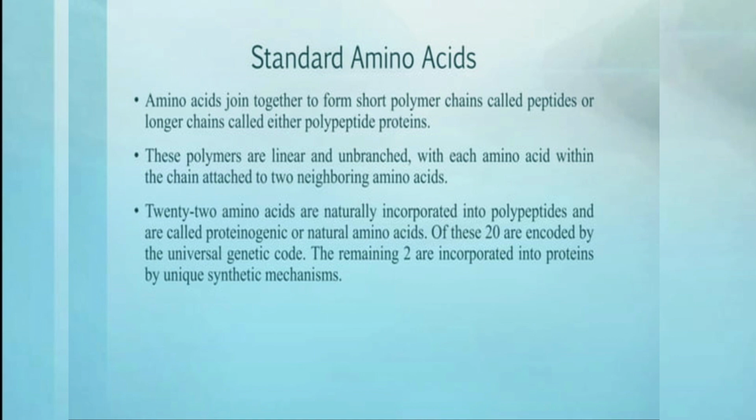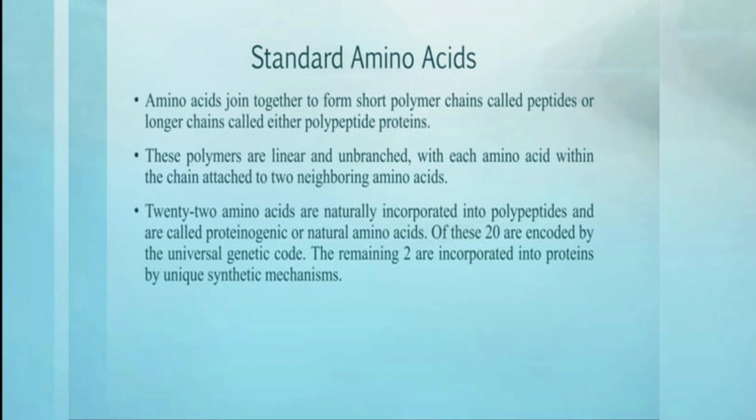Standard amino acids. Amino acids join together to form short polymer chains called peptides or longer chains called polypeptides or proteins. These polymers are linear and unbranched, with each amino acid within the chain attached to two neighboring amino acids.